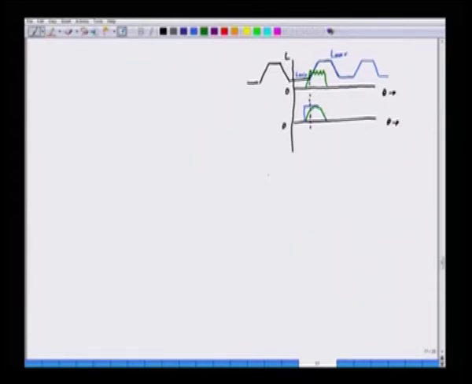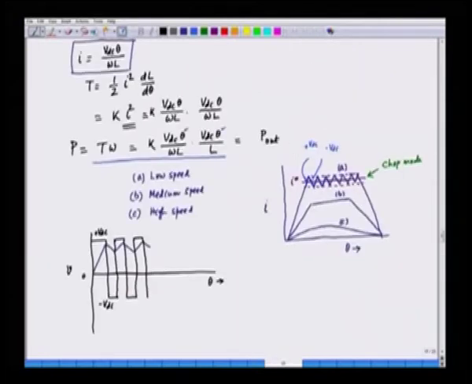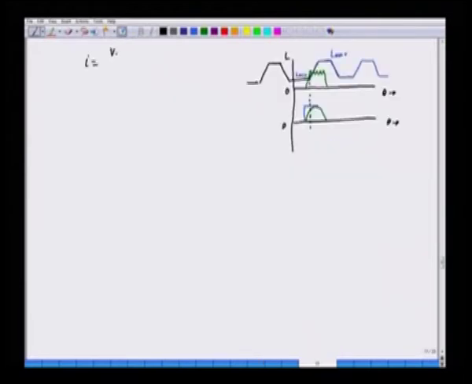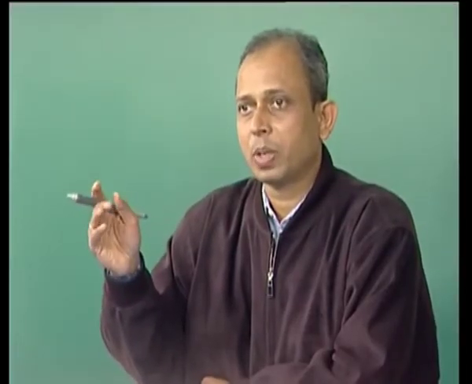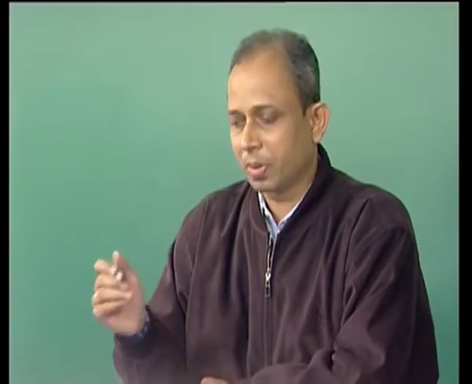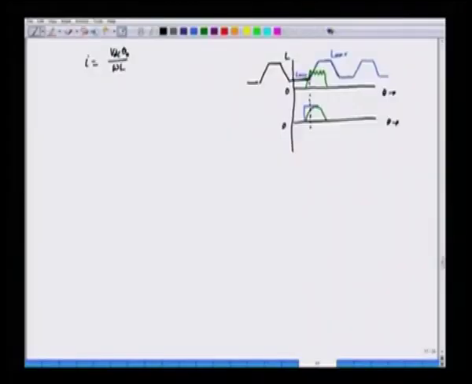And with the increase of speed, we have already seen that the current is given by VDC into theta by omega L. So I is equal to VDC into theta by omega L, and here we can say that it is approximately theta naught, because after the inductance rises, there is no scope for the current to build. Current can only build up during L minimum, because L minimum is a low value of inductance during which the current builds up, and when the inductance rises, the current build up is arrested.